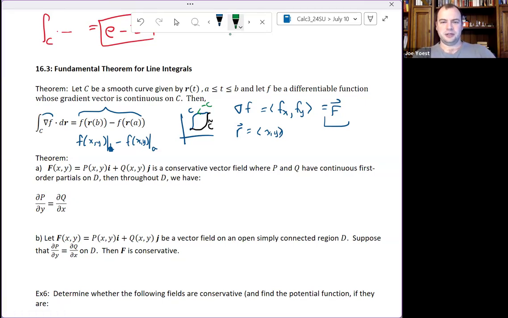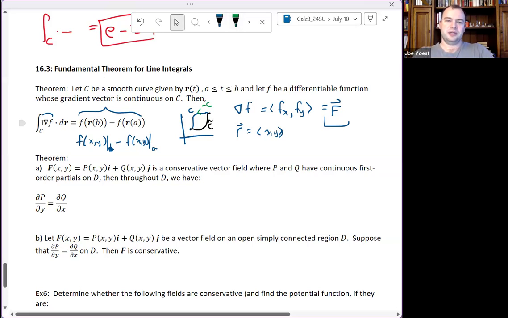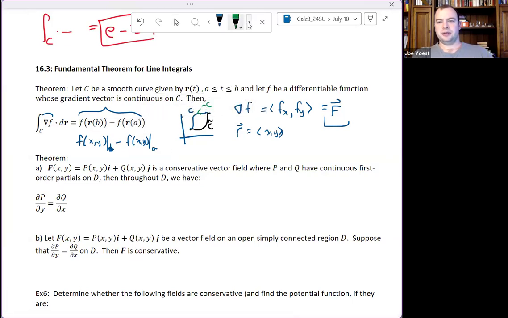Well, no, it's obviously independent of the path if I only care about the endpoints. If all that's coming into play is the value of f at the terminal endpoint and the value of f at the initial endpoint, then whatever path I take to get there should yield the same answer. So this idea of path independence does come up and is an important idea.